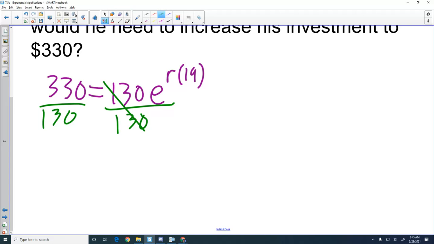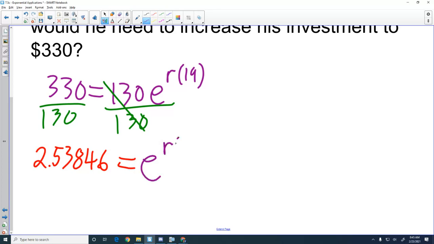So we divide off that initial amount so that we only have a base, an answer, and an exponent. And we're going to get like 2.53846 equals e to the r times 19.